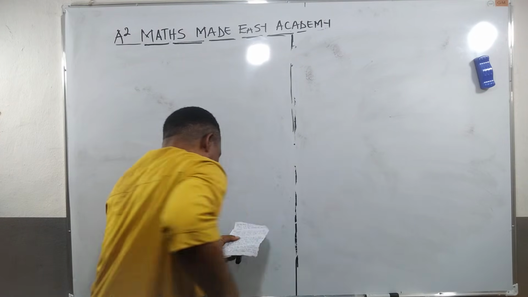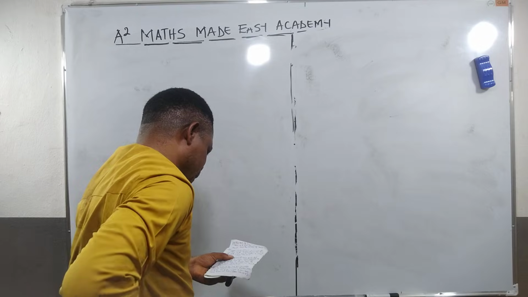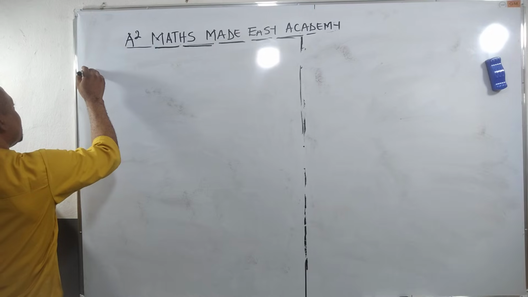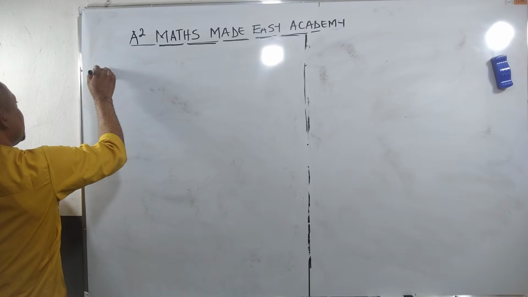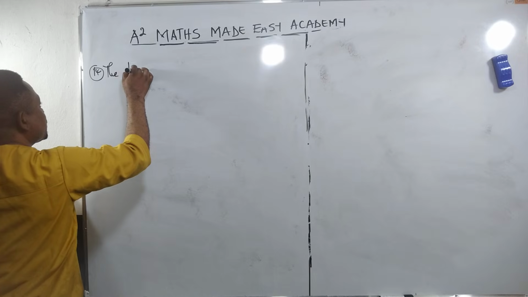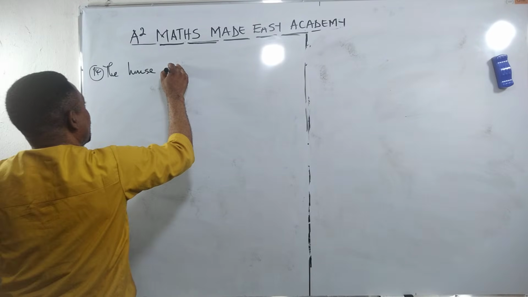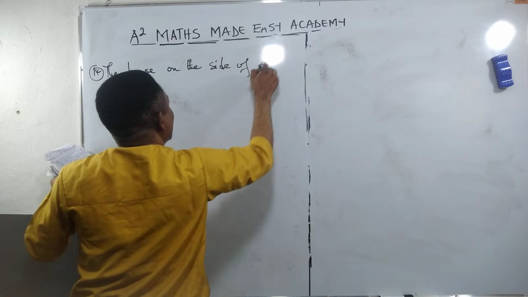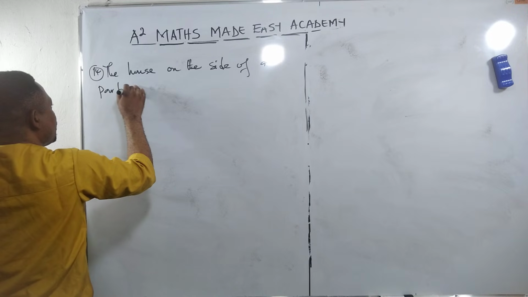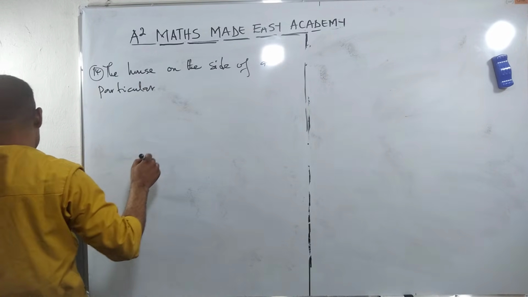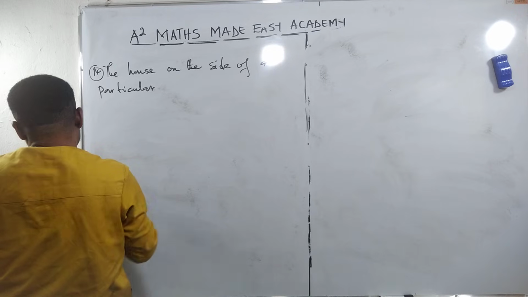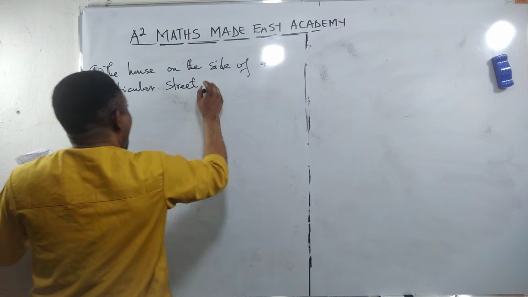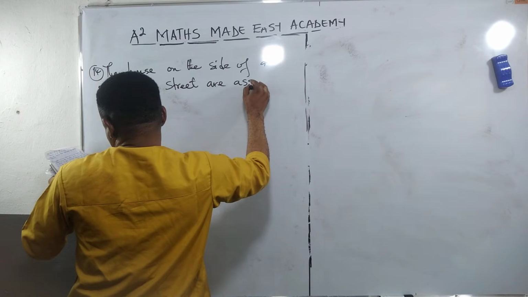The question says, the houses on the side of a particular street are assigned number 14.